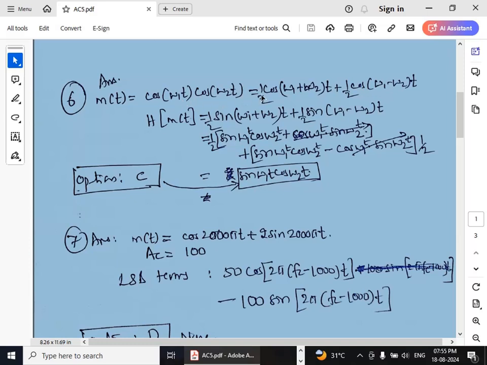This can be expanded by applying the cos A cos B formula, giving omega 1 plus omega 2 and omega 1 minus omega 2. For each term, you apply a Hilbert transform. So cos becomes sin of omega 1 plus omega 2 and sin of omega 1 minus omega 2, and again we apply the sin of A plus B and sin of A minus B formulas. What we get is sin omega 1 t cos omega 2 t. So the answer is option C.